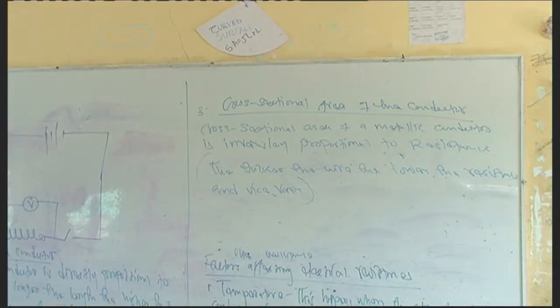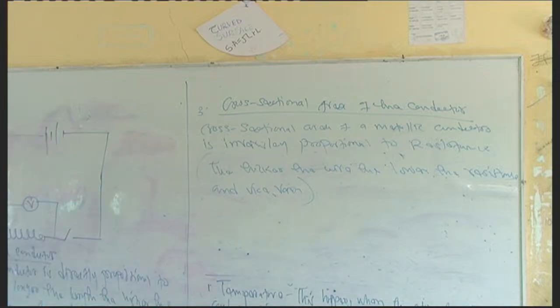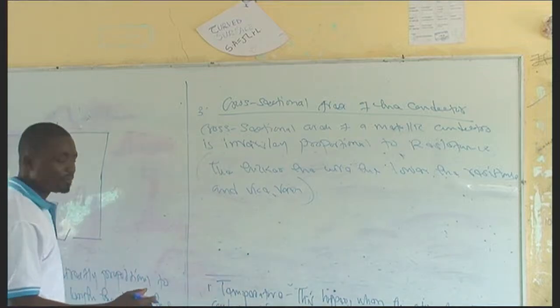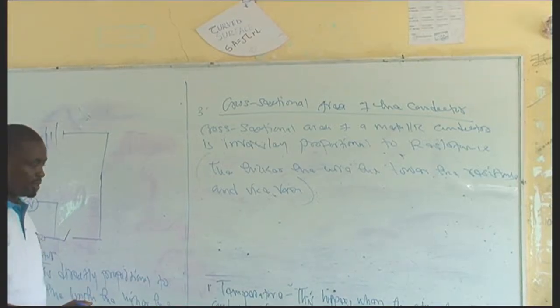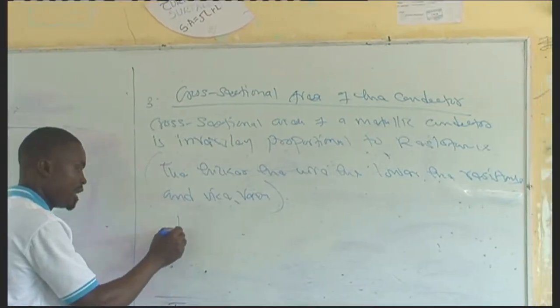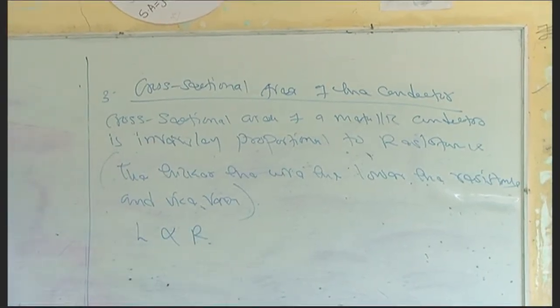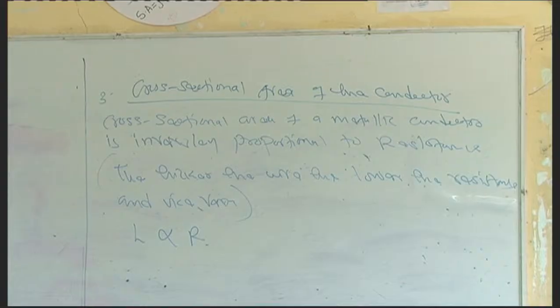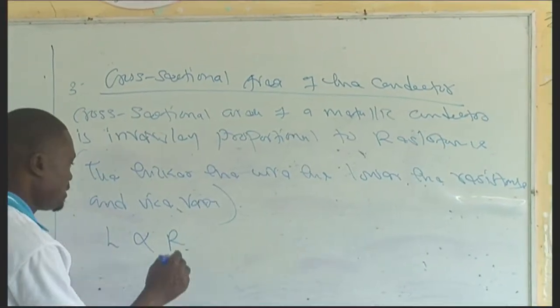Now, we can combine these two statements. From factor number two, which was the length, we were saying that length was directly proportional to resistance. The length is directly proportional to resistance.